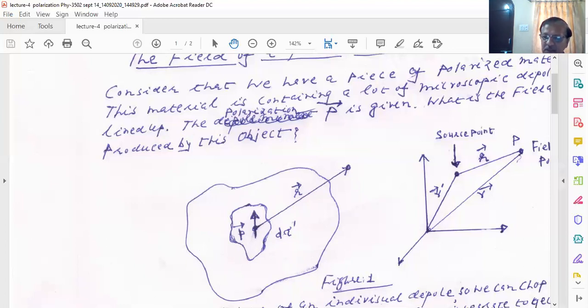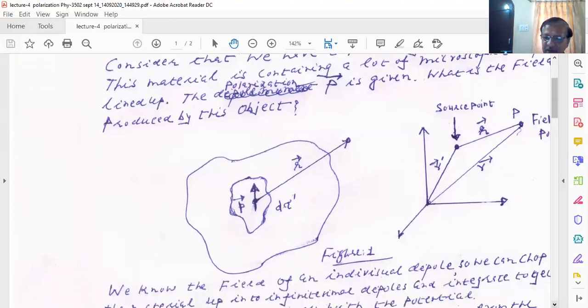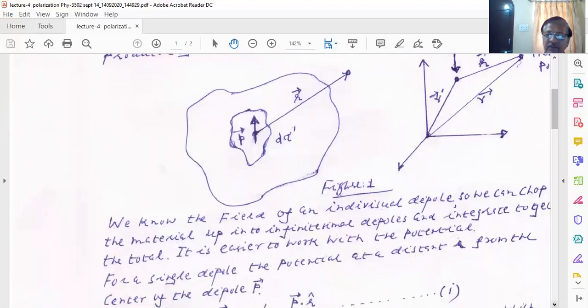So here you see the method which I have adopted: we know the field of an individual dipole. So we can chop the material into infinitesimal dipoles and integrate to get the total.